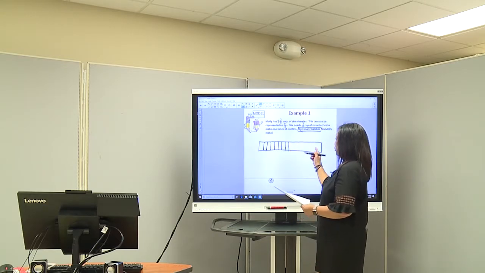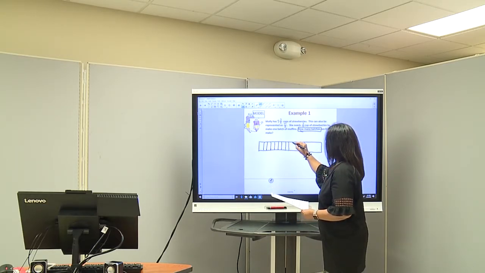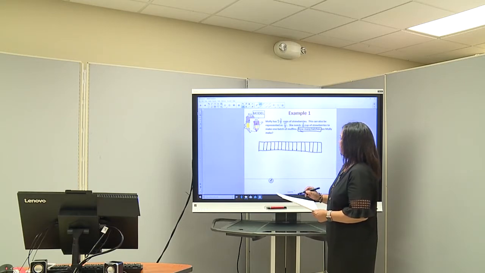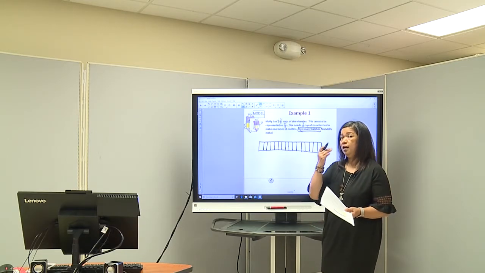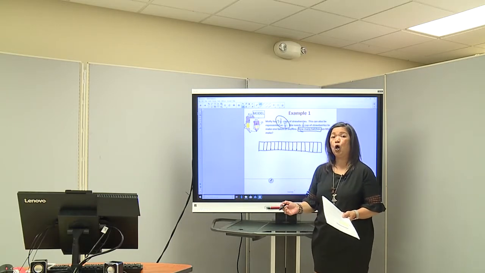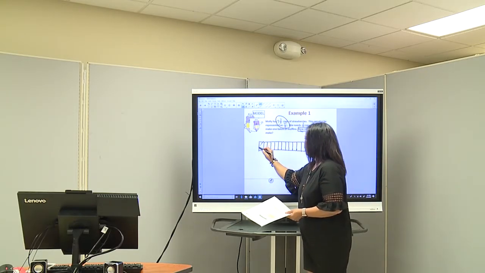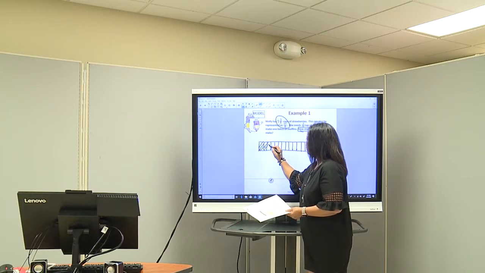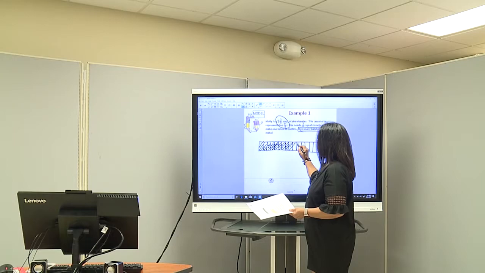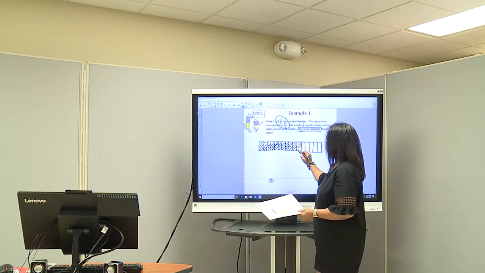Okay, and then on the other side we'll do the same thing. 1, 2, 3, 4, 5, 6, 7, 8. So we're going to shade 11 of them because 1 and 3/8 and 11/8 are equivalent fractions. So I'll have 1, 2, 3, 4, 5, 6, 7, 8, 9, 10, 11.